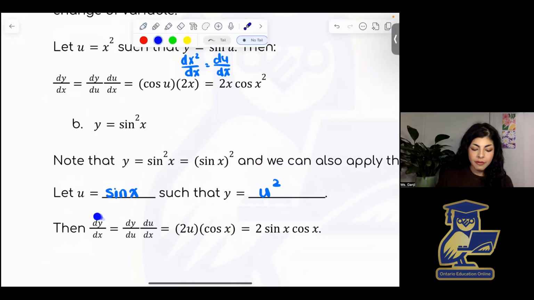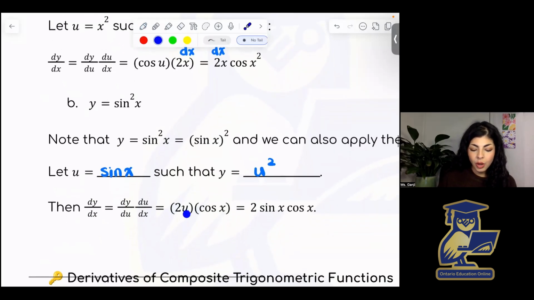Now, when we find the derivative, and same thing here, dy du is 2u, and du by dx, which was sine of x, is just cosine of x. And u was sine of x, so we just substitute that back in. We have 2 sine of x times cosine of x.